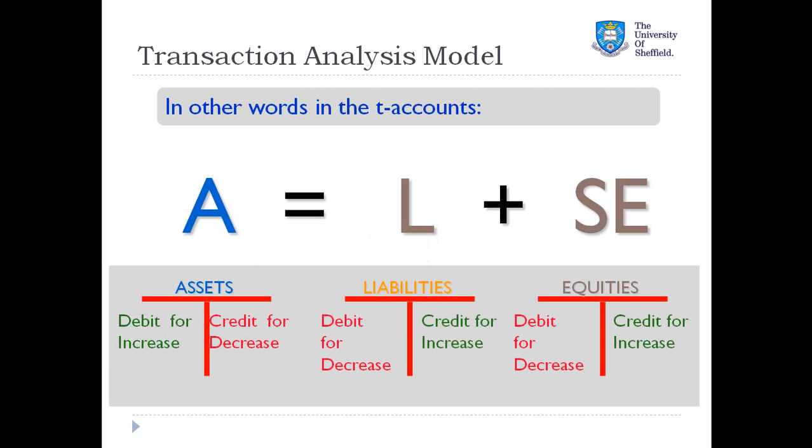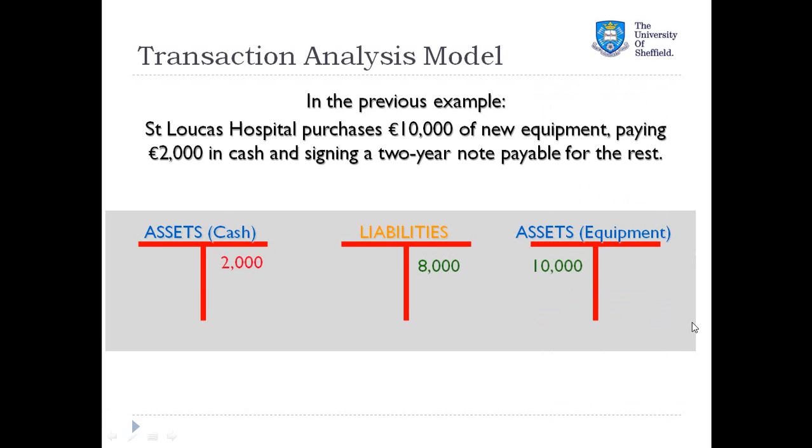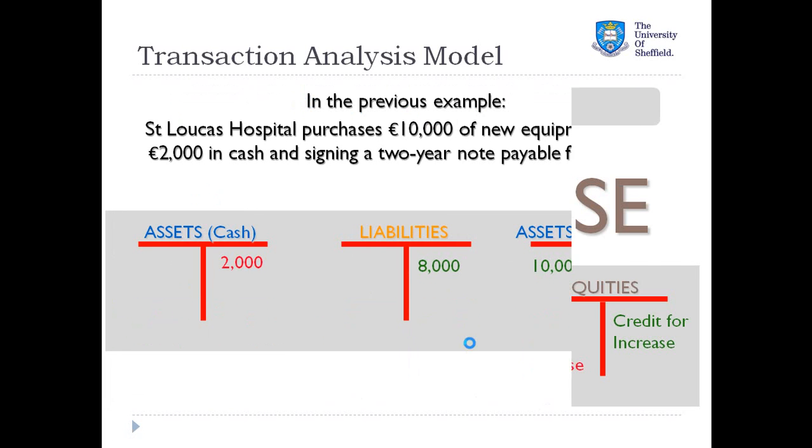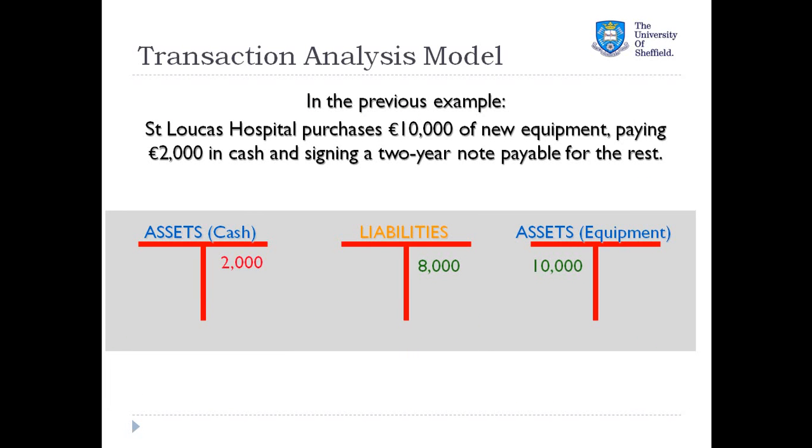That when assets are increased, we debit them. So here you can see that we have the assets being debited with 10,000 euros. While for the liabilities we have a new notes payable. So we increase the liabilities. What happens with the liabilities when we have an increase? We credit it. So this is why we record 8,000 in the credit section.